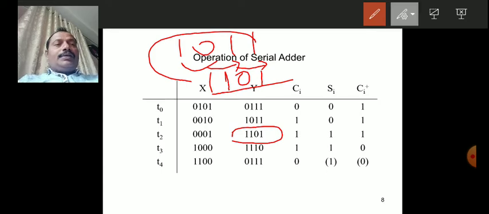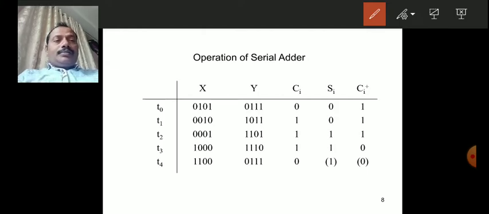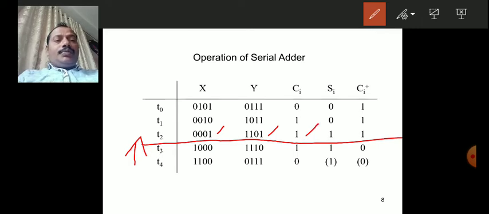So this is the thing. Next pulse, in the next pulse what happens? The next pulse comes here. Once this is available, x0 is 1, y0 is 1, and the carry input is 1.